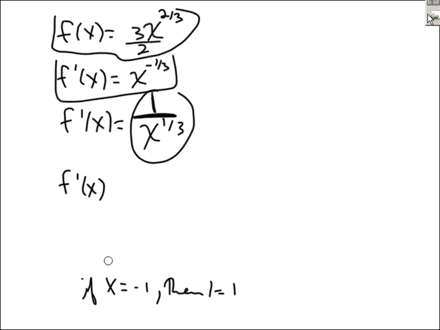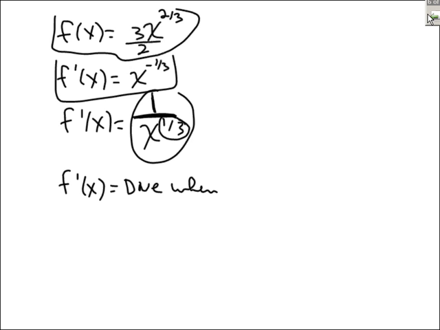Okay, so it's never 0, but in this case, it can be undefined. It does not exist when the denominator is 0. And basically, we have the cube root of x. What should x be so that when you multiply it by itself 3 times, you get back 0?